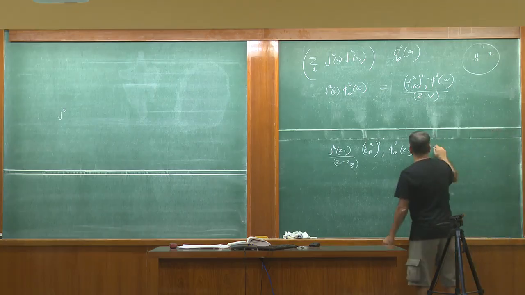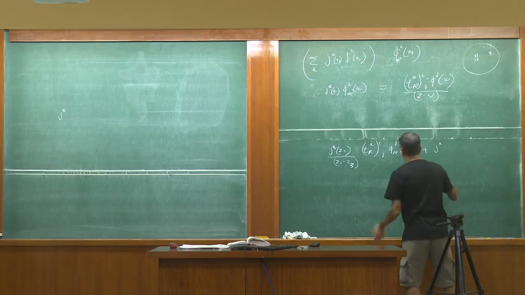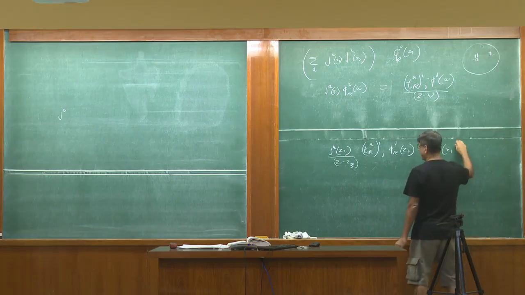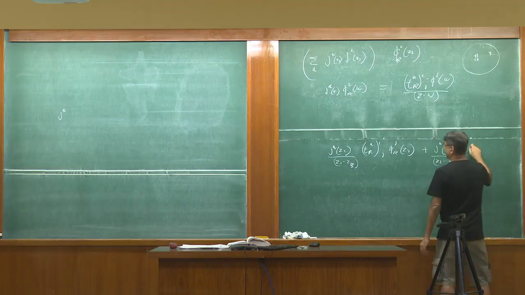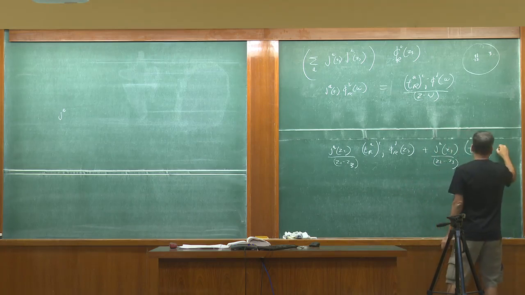But there's also a term which is J^A(z1) by z2 minus z3 times (T^A_R)_ij phi_j R(z3).